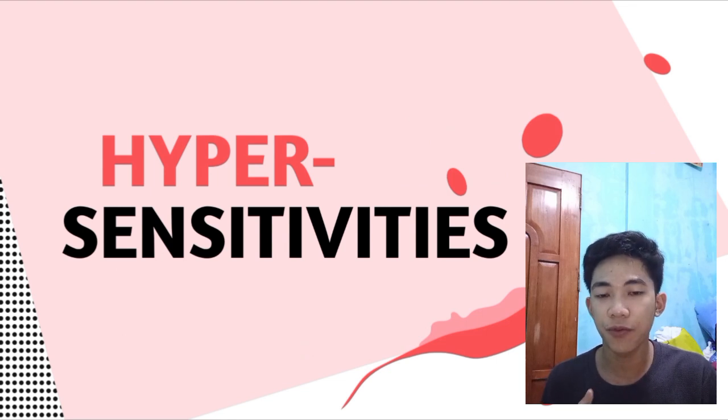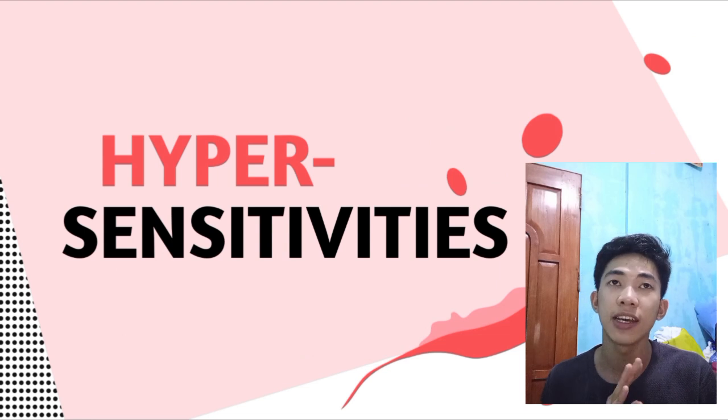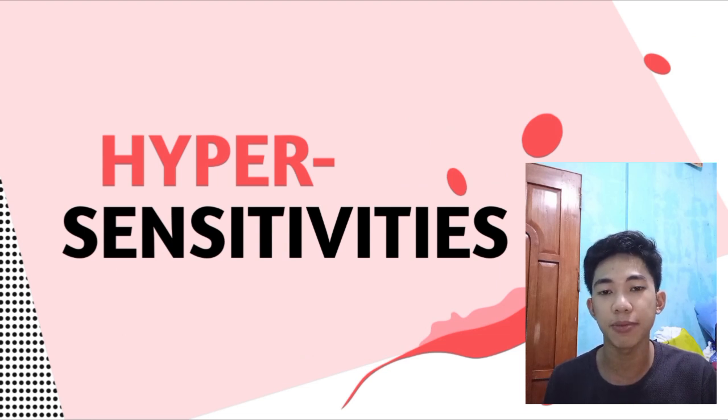And for type 4 hypersensitivities, it is unique among all the types of hypersensitivities because type 4 hypersensitivities are not mediated by antibodies. Rather, they are mediated directly by immune cells, specifically the T cells and effector cells.